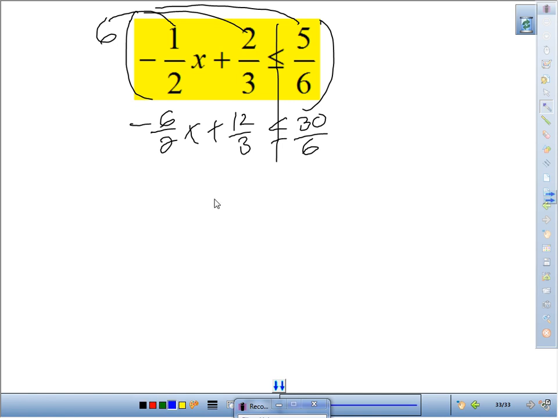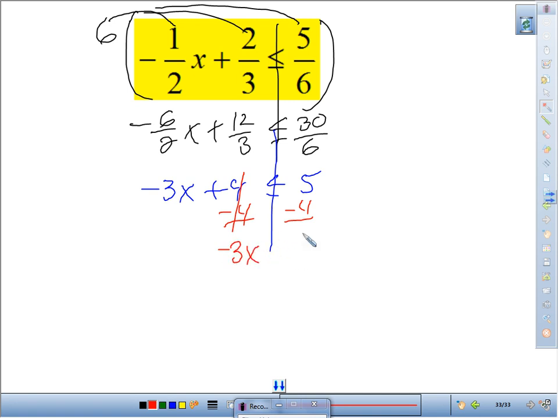So far, so good? Next, simplify. This is negative 3x plus 4, less than or equal to 5. I need to get rid of this 4, so I subtract 4, and I get negative 3x less than or equal to 1. Look at the last step. Divide by what? Negative 3. So what happens? X is greater than or equal to negative 1/3.